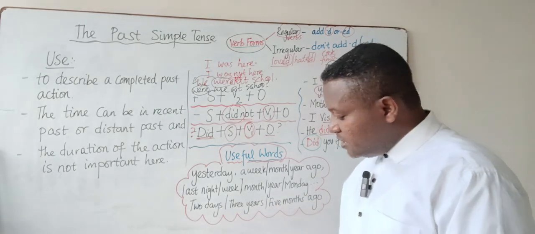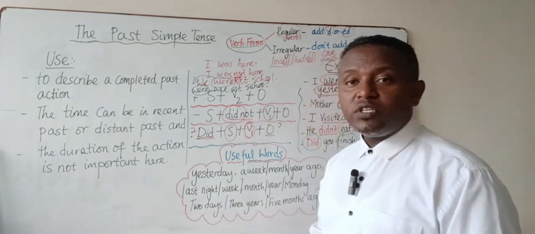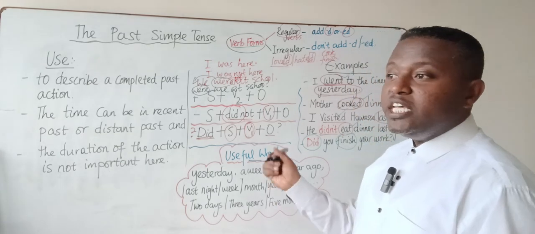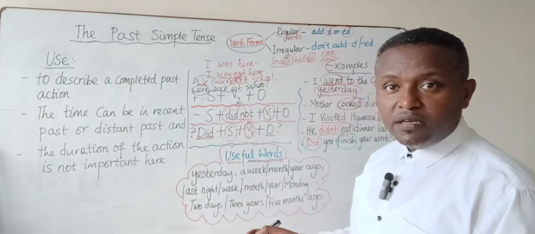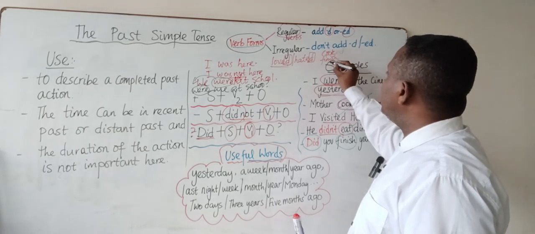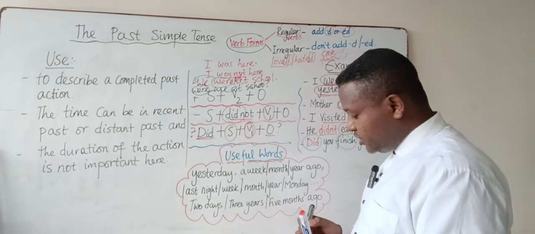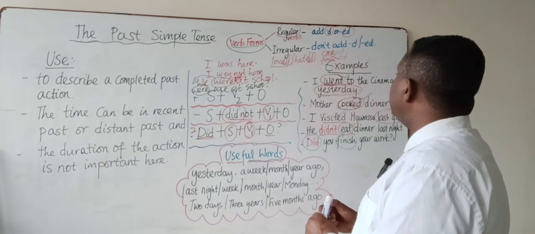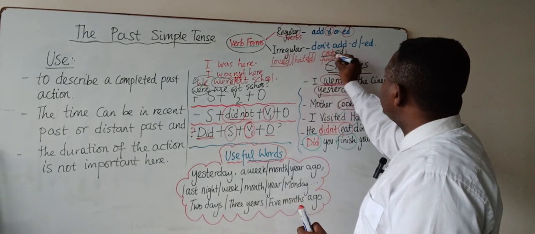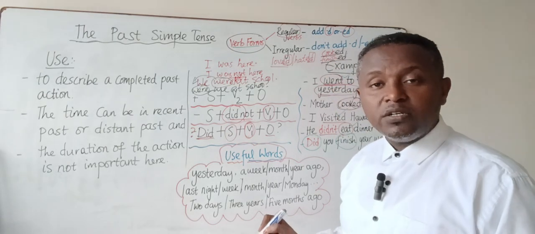These verbs don't end in e, which means we need to add the whole ed. So cook becomes cooked, finish becomes finished.